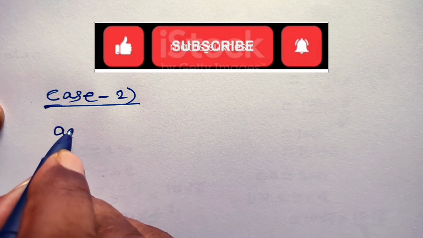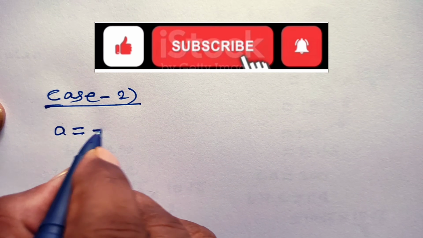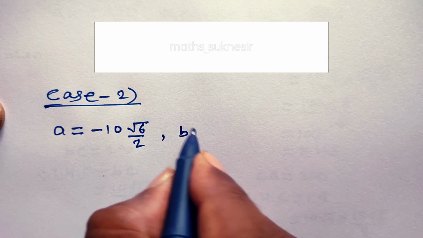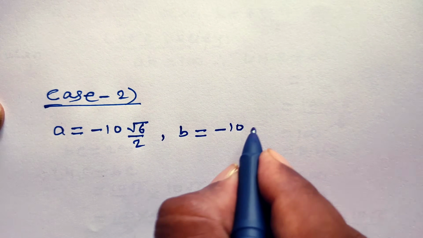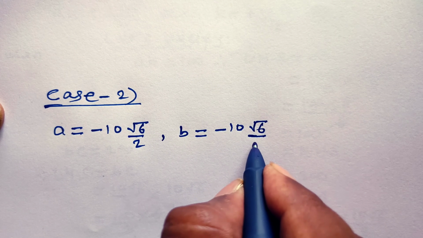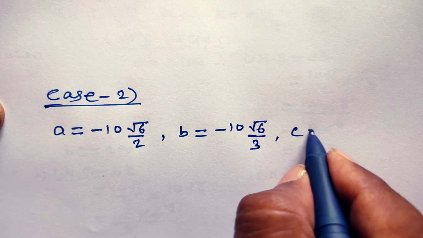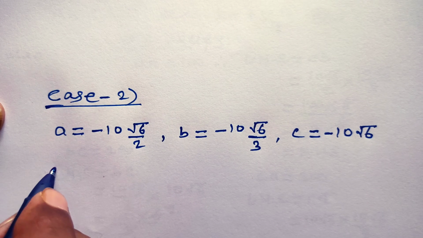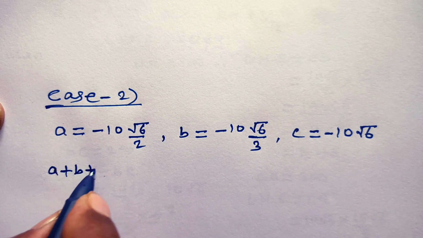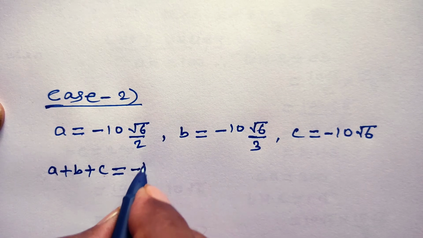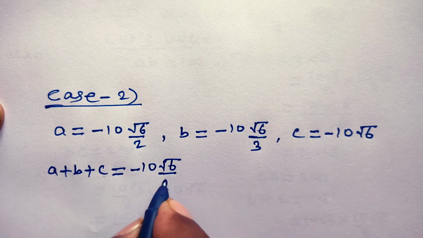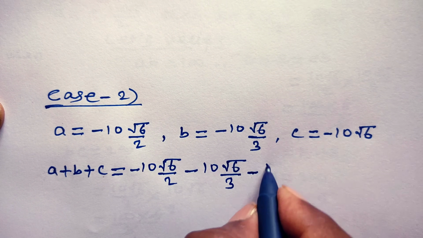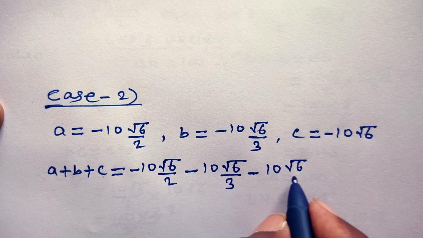Case 2, a is equal to minus 10 times square root of 6 divided by 2. B is equal to minus 10 times square root of 6 divided by 3. And C is equal to minus 10 times square root of 6. Let us find a plus b plus c. A plus b plus c is equal to minus 10 times square root of 6 divided by 2 minus 10 times square root of 6 divided by 3 minus 10 times square root of 6 divided by 1.